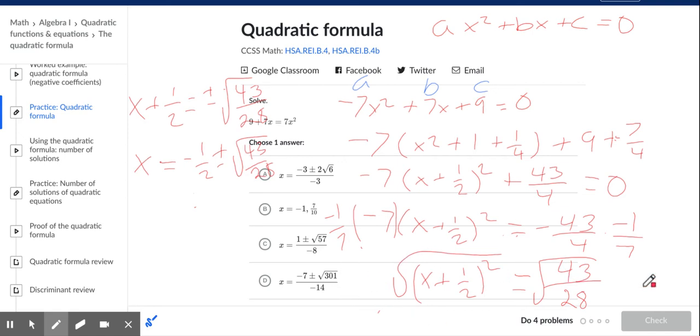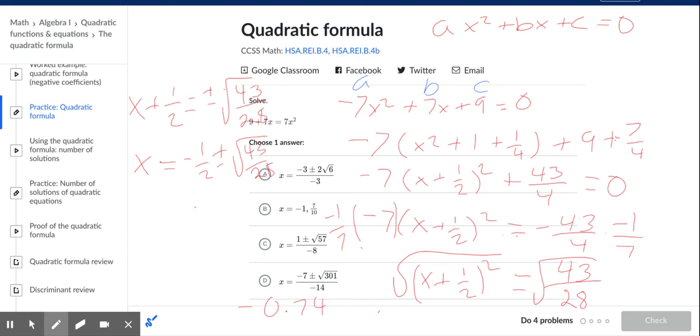So this obviously doesn't look like this, but if you did the simplification, you would get the same thing. It's just going to look different. So for example, if I did the plus version, I would get negative 7 plus the square root of 301, get a number for that, divide that by negative 14, and I would get negative 0.74.